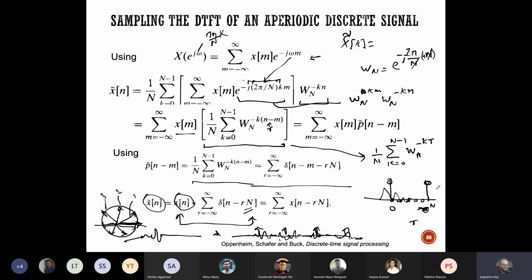This is the shifting theorem. And then it will just make infinite copies and be a periodic signal produced by taking x(n) and shifting it by N and concatenating them.